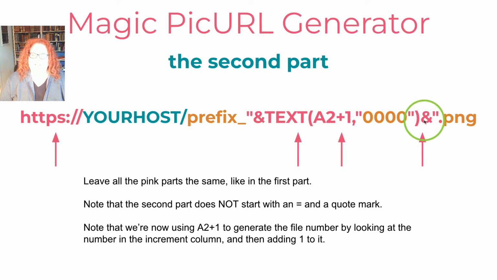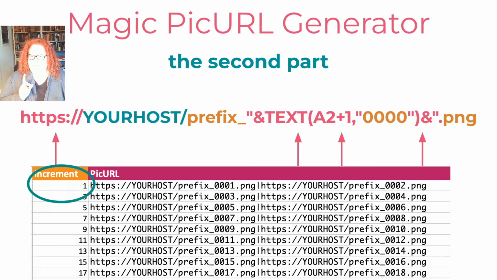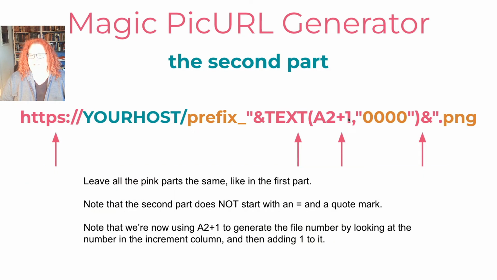It's exactly the same as before, but you'll notice that instead of just A2 here, it's A2 plus 1, because what Excel is doing in this case is looking at the number in cell A2, which in the case of the first line of the template is 1, and then it's adding 1 to it. So A2 plus 1 would equal 2, because this is in fact picture 2, and then it's going to format it 0002, and there you go.